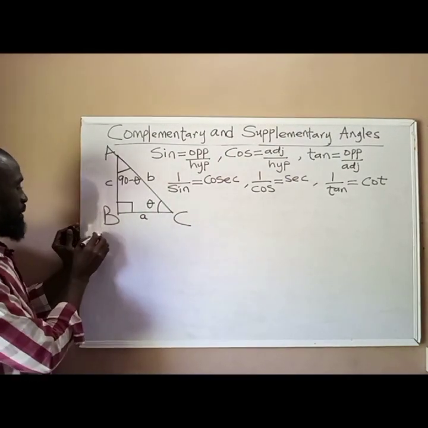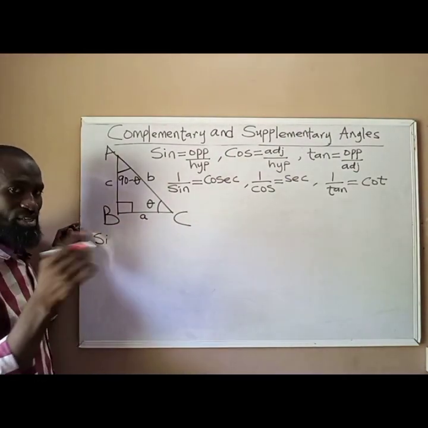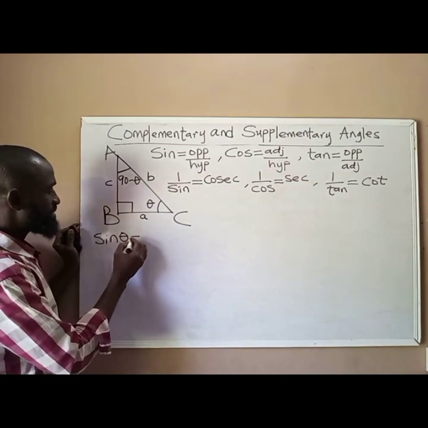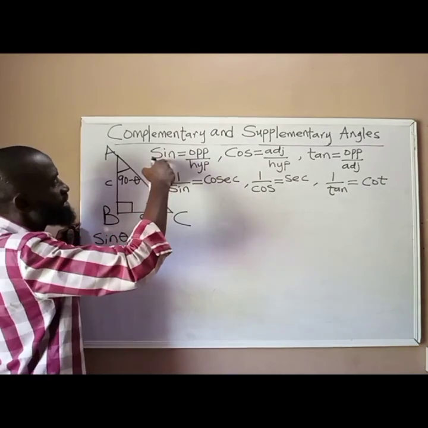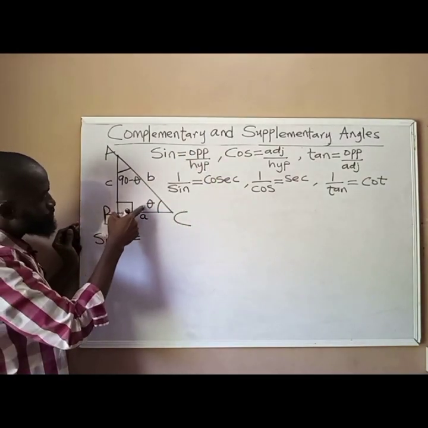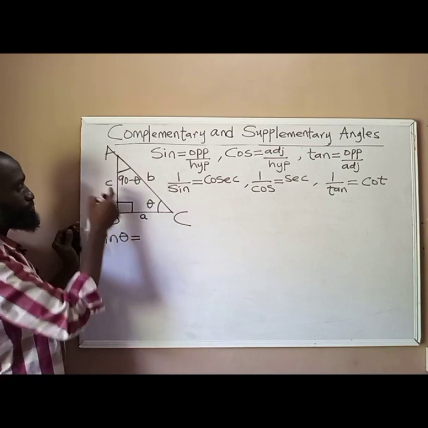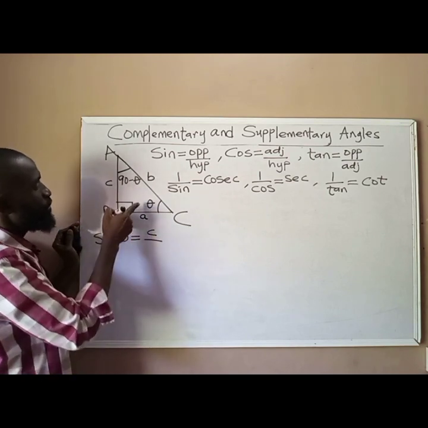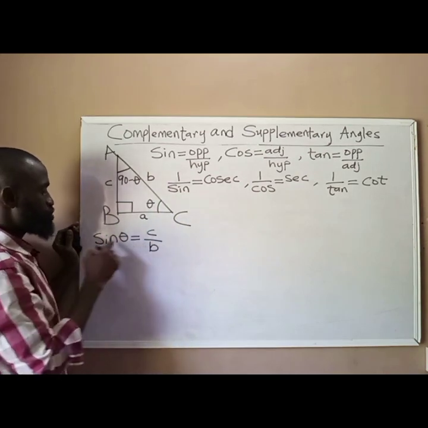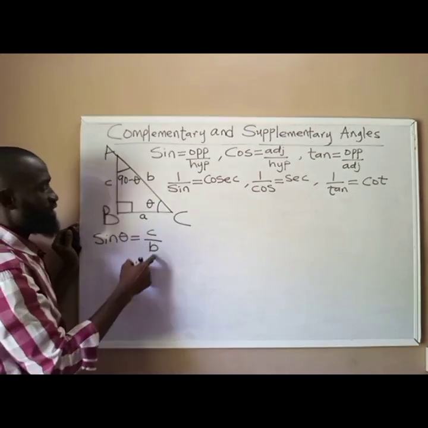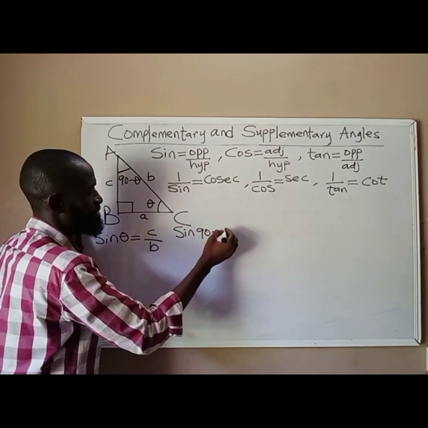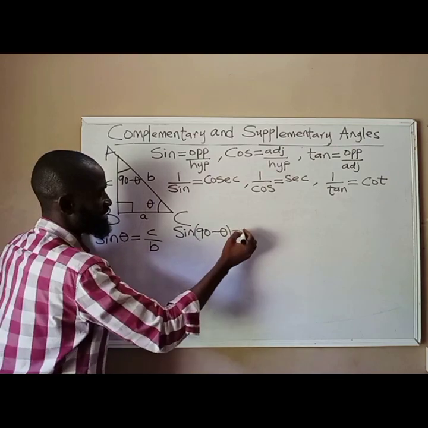So let's go back to this. Now, what is our sin theta? We now want to establish those relationships. Sin theta is opposite over hypotenuse. Theta, this is the angle. Where is the opposite to this angle? C, all over the hypotenuse, which is B. So our sin theta equals C over B. Let's go for sin of 90 minus theta.